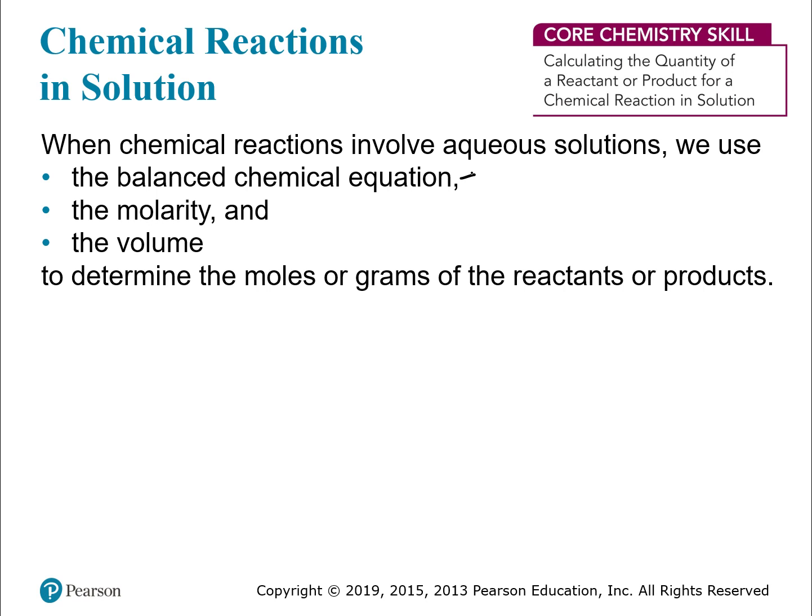The molarity and volume of an aqueous solution will help us to figure out the number of moles of whatever is being dissolved in that water. Because when we do calculations, we need to know moles. And we can't just take molarity, we can't just take volume, we need them both.